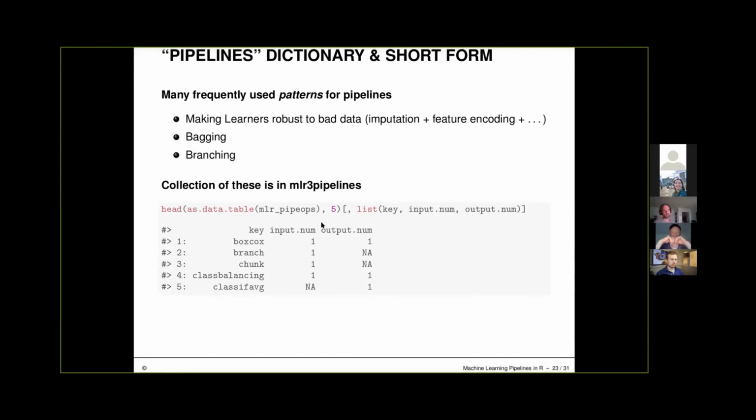We haven't compiled many of these things, but we'll add more and more sugar elements, so you don't have to create certain elements from scratch. Certain things that everyone always wants to use, we'll store in the package. So you get these partial graphs and can directly work on them. At the moment we have stuff, for example, for class balancing and chunking and other things.